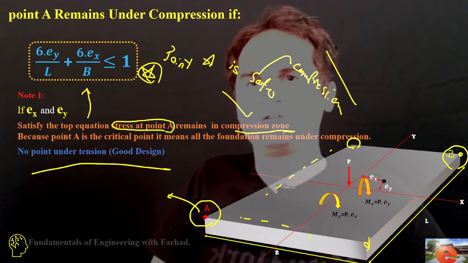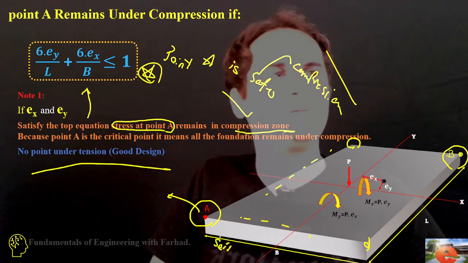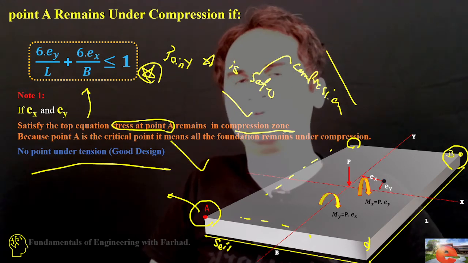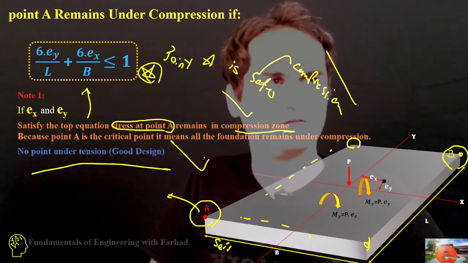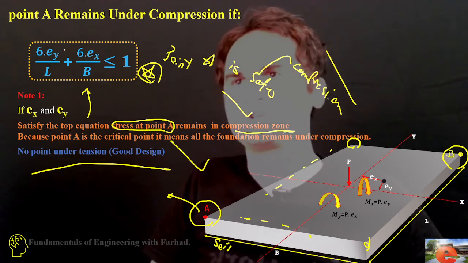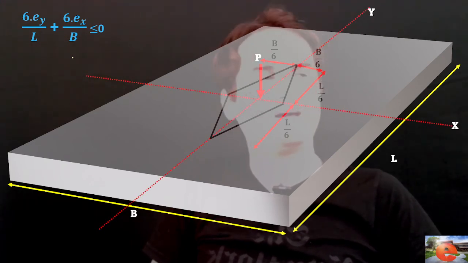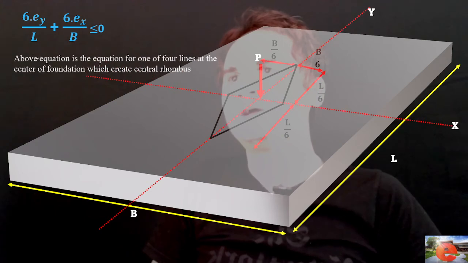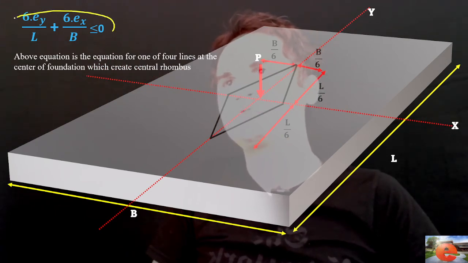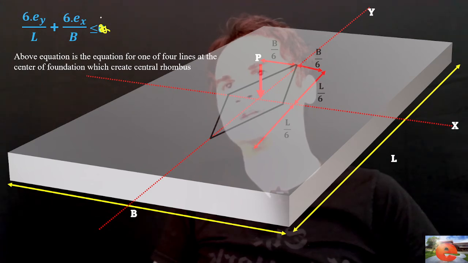The foundation will not detach from the soil underneath, and that's a good design in terms of foundation. Yet that equation tells us something more. Above equation, this equation, my bad, this is less than 1.